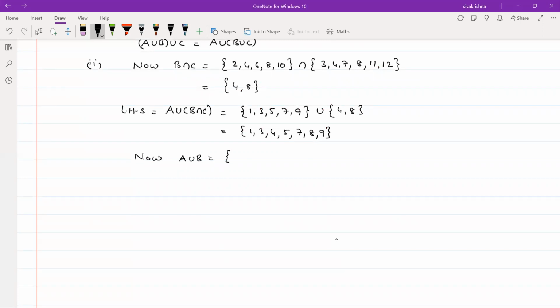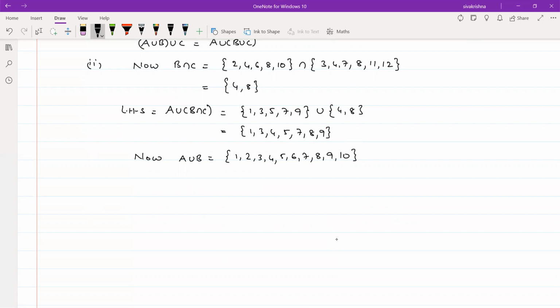A union B is equal to, we write the elements from both the sets: 1, 2, 3, 4, 5, 6, 7, 8, 9 and 10. This was already found in the first bit.